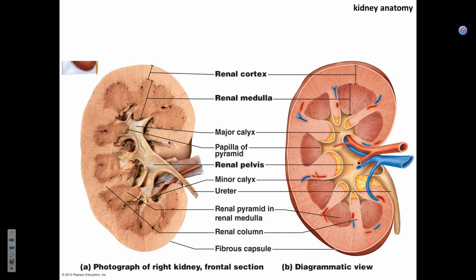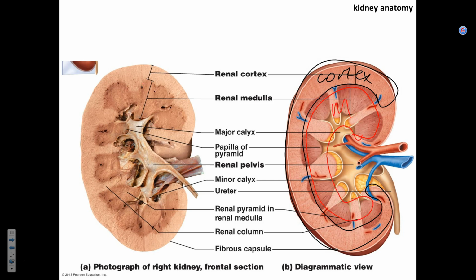Now let's take a closer look at the interior anatomy of a kidney. Kidney has two main layers, the outer cortex and the inner medulla. All right?